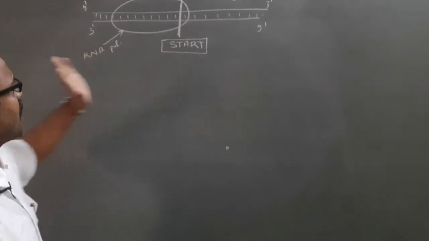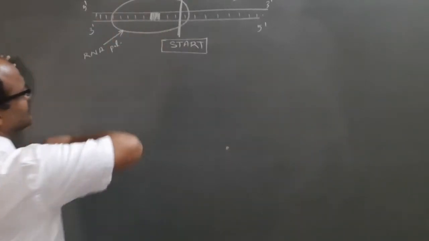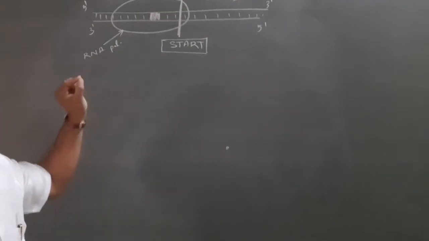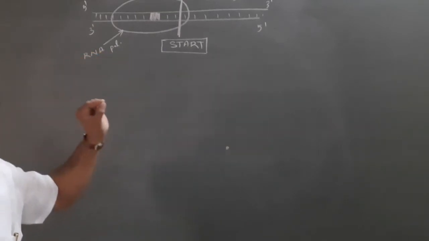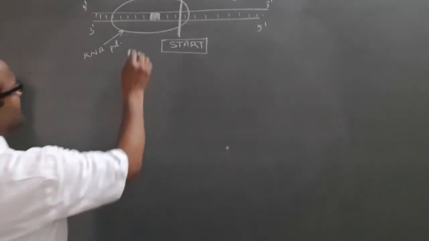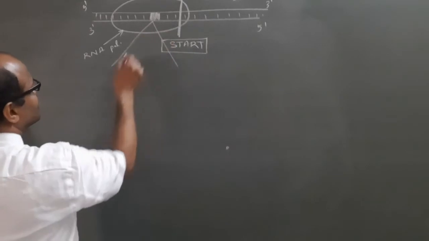Upstream of the start point, there is a special sequence which is recognized by the RNA polymerase enzyme, and this special sequence is a hexameric region.